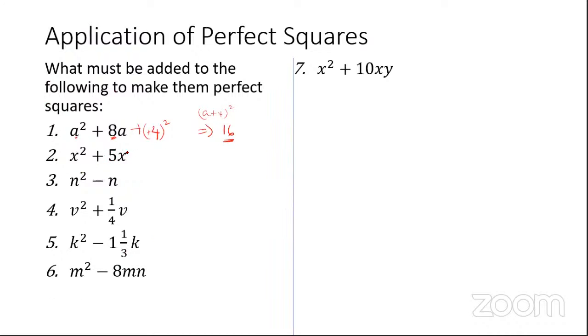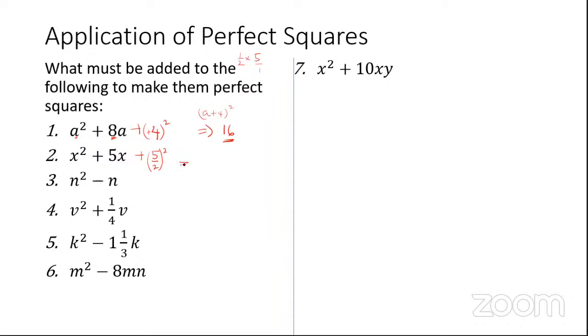For this also, we do it in the same manner. x squared plus 5x. So what do we do? Look for half of 5. What is half of 5? That would be 5 over 2, squared. Just pick that half and multiply by whatever you have there. Half multiplied by 5 over 1 is 5 over 2, squared.